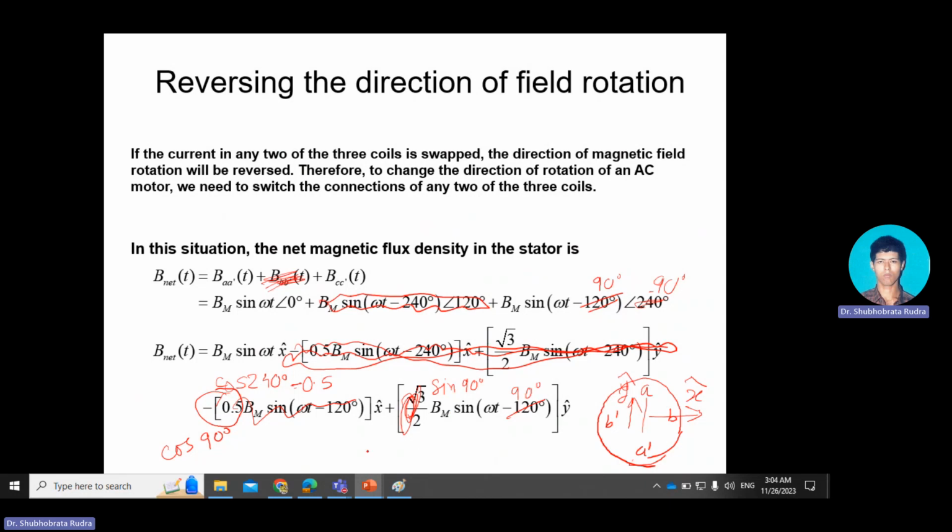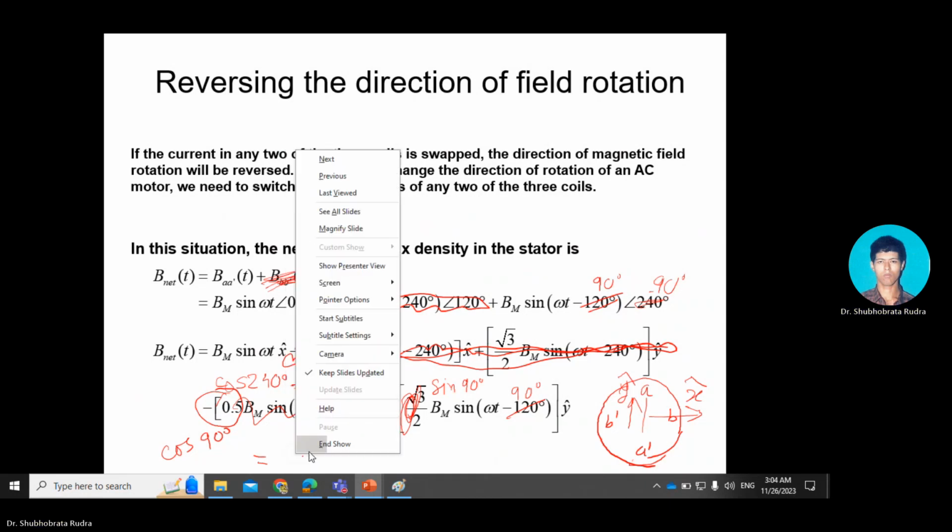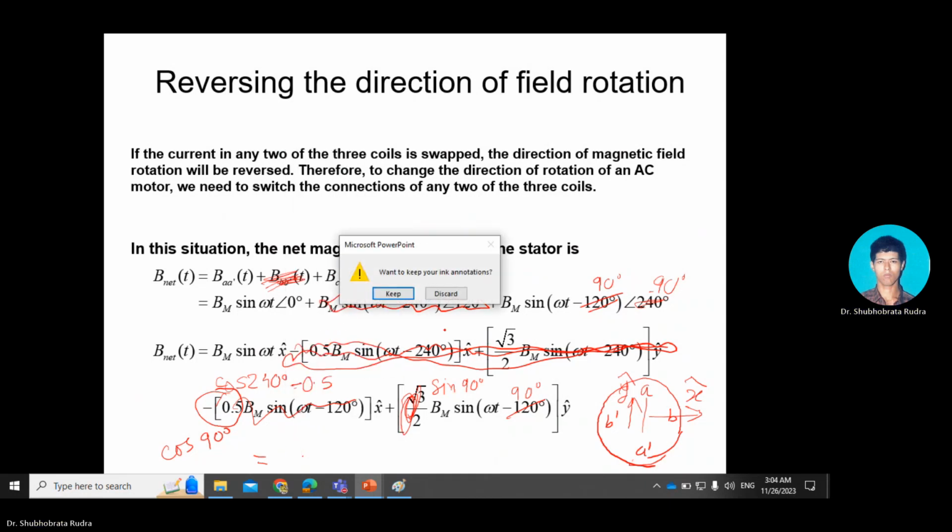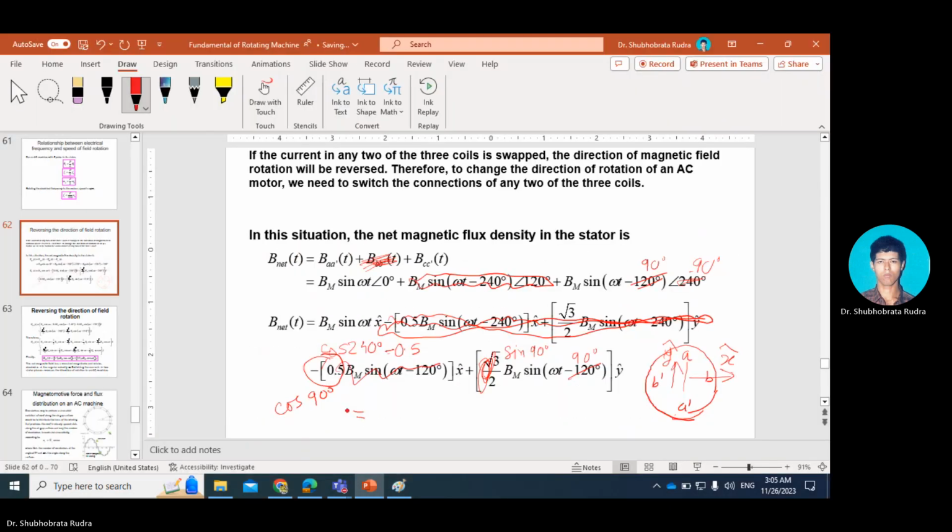So the resultant one is Bm sine omega t x cap plus Bm cosine omega t y cap.